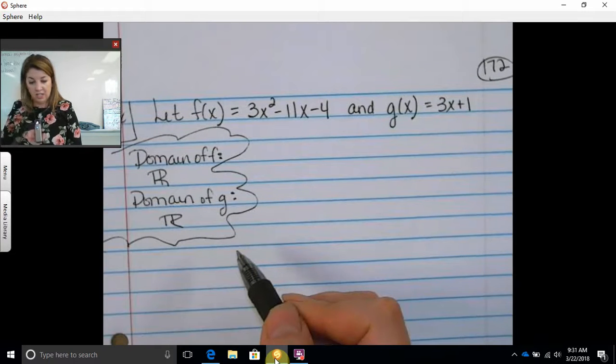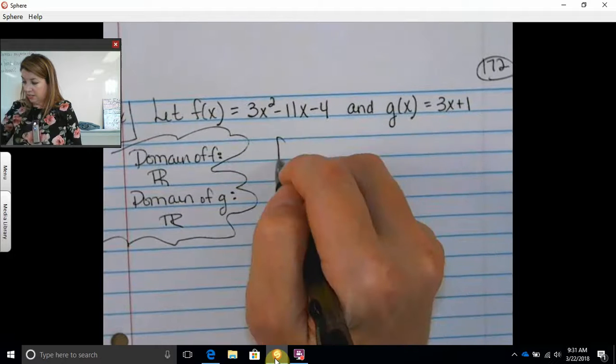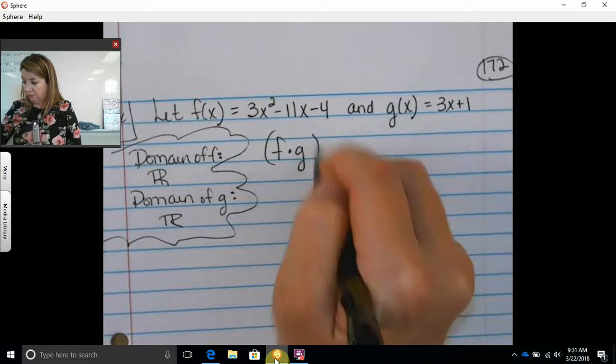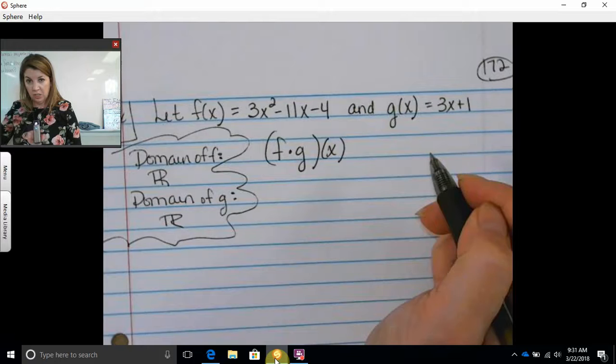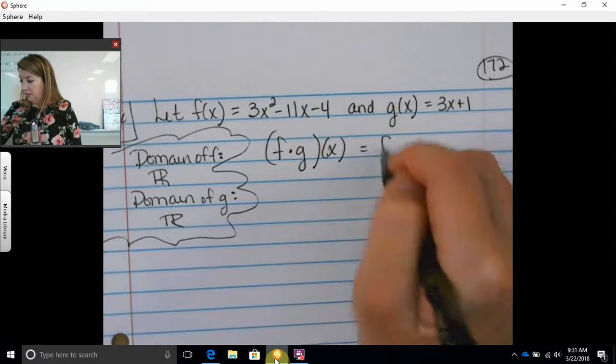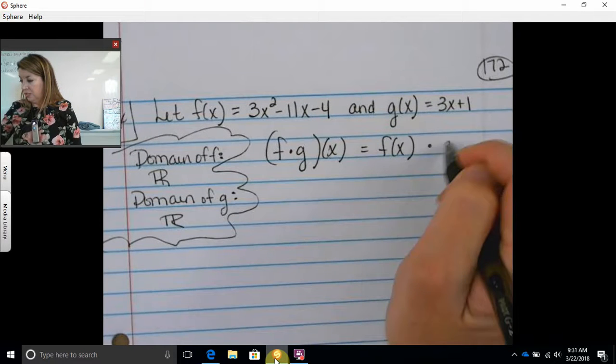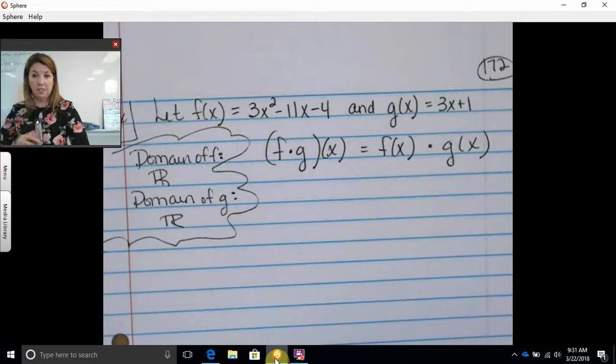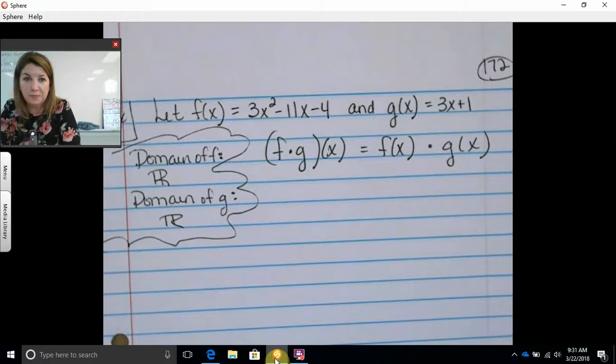So my question is, what is f times g of x, which y'all know that means f of x times g of x. What is function f times function g? It looks crazy the way it's written at first, kind of confusing, but that's all it means.